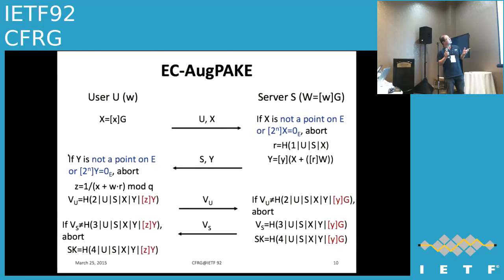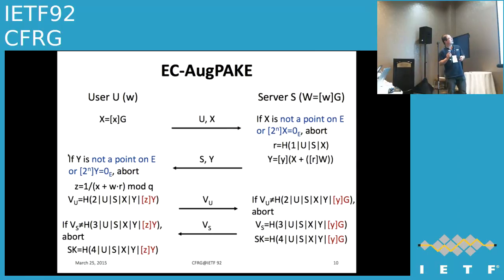This is the elliptic curve version of OPEC. In terms of checking the values capital S and capital Y, after receiving capital S from user U, the server doesn't need to check the order of capital S. The server just checks that capital S is a point on the elliptic curve E and that 2 to the n times S is not equal to the point at infinity.